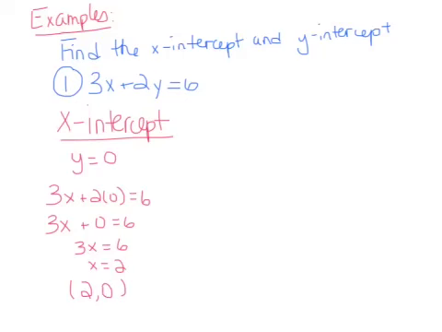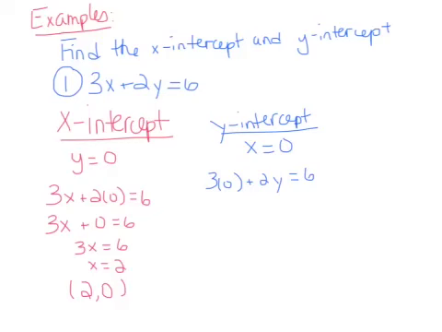So you're going to do something similar to find the y-intercept. To find the y-intercept, we are going to set x equal to 0. Use the same equation as before, 3x plus 2y equals 6. So we're going to get 3 times 0 plus 2 times y equals 6, which is going to give us 0 plus 2y equals 6, or just 2y equals 6.